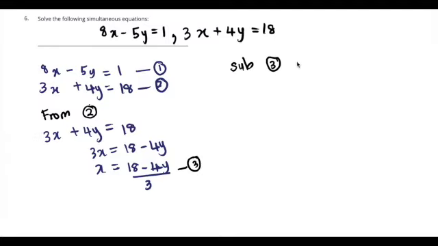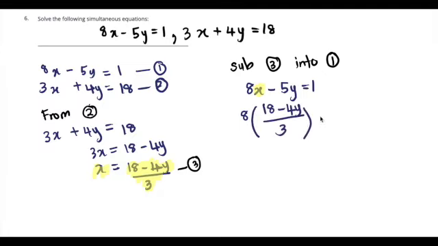Next, I substitute equation 3 into the other equation that I haven't used, equation 1. Write down again, equation 1 is equal to 8x minus 5y equals to 1. So change x now into 18 minus 4y over 3. Okay, put bracket.